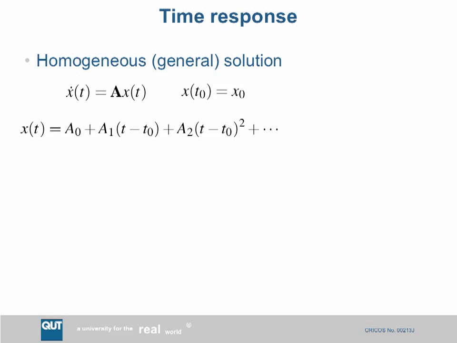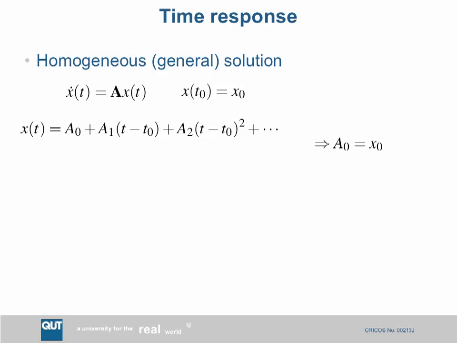Can everyone see how I do that? Yeah? So when t equals t0, the terms in those brackets all go to 0. All I'm left with is x equals a0, and x at time t0 is x0. So I've solved for one of the coefficients.